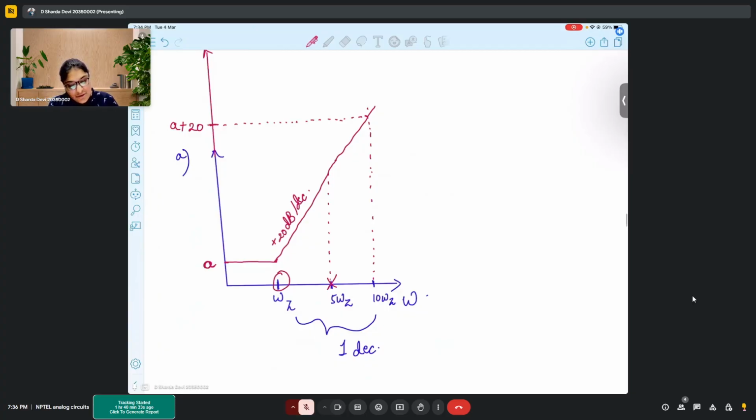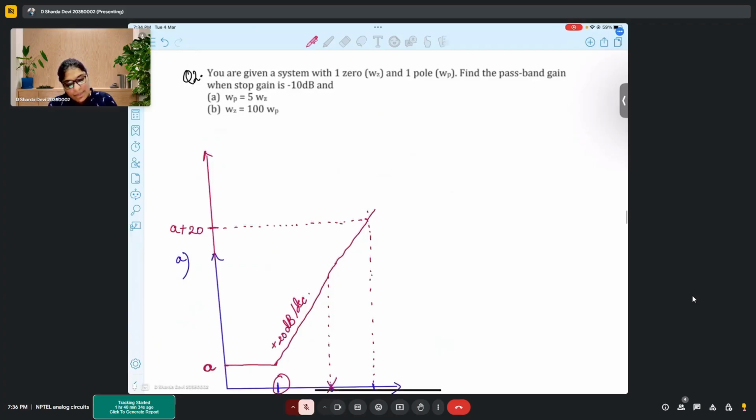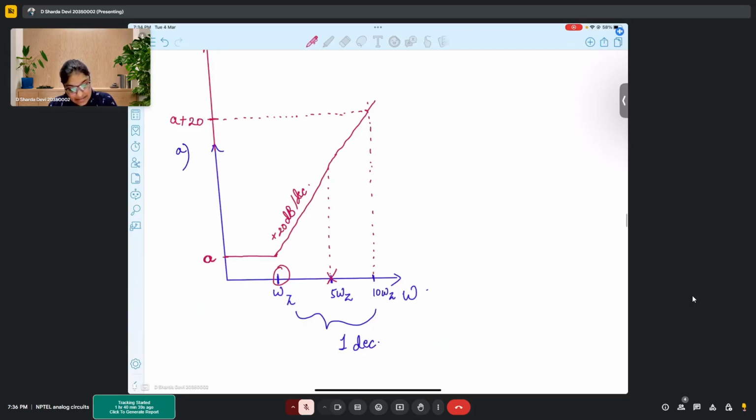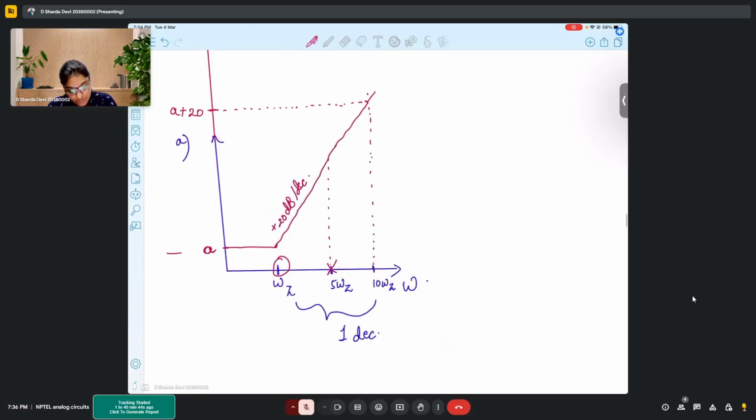Now it is already given that my stopband gain is minus 10 dB. Since my curve is increasing, the lowest point is this point only. So this should be minus 10 dBs. That means here the resultant would have been plus 10 dBs, right?